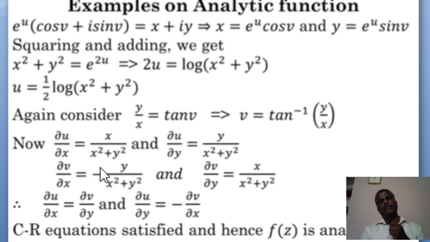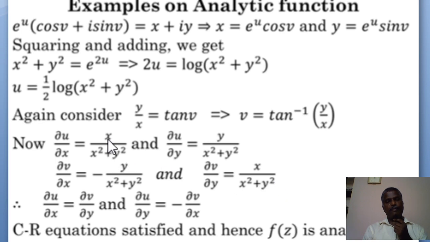So x square cancels, we get minus y by x square plus y square. Similarly, dou v by dou y, same formula: the differentiation of tan inverse x is 1 by 1 plus x square into the differentiation of y by x with respect to y. Since 1 by x is constant with respect to y, dou v by dou y is x by x square plus y square.